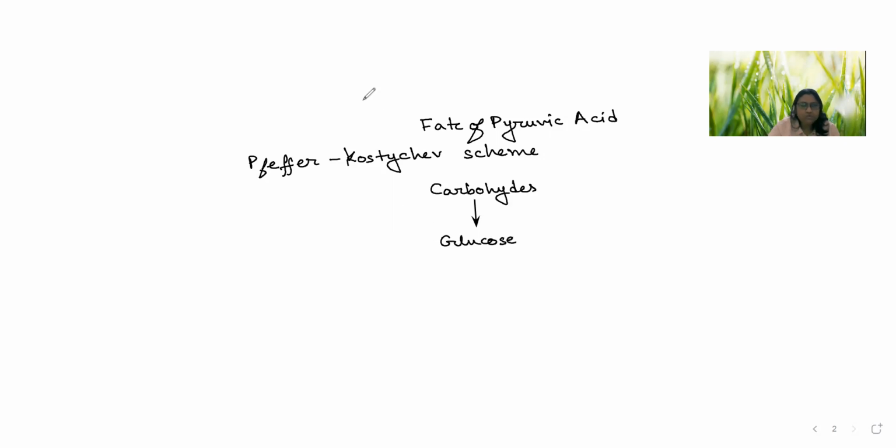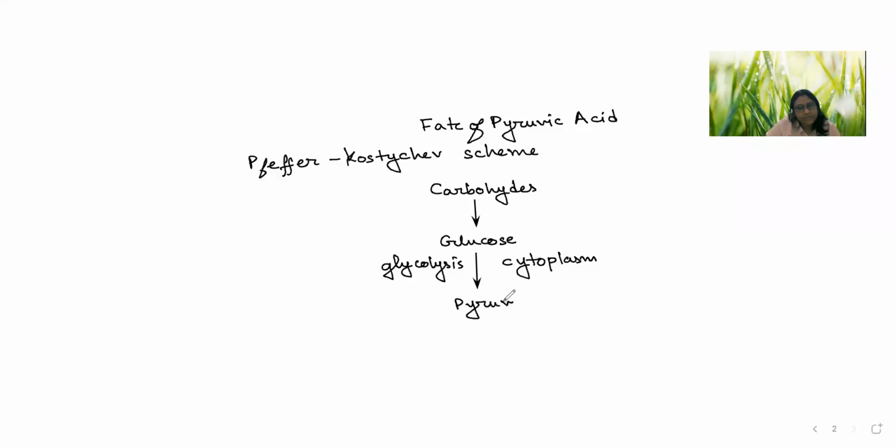Now this glucose will go to glycolysis, or the EMP pathway. This occurs in the cytoplasm, and the production will be pyruvic acid.